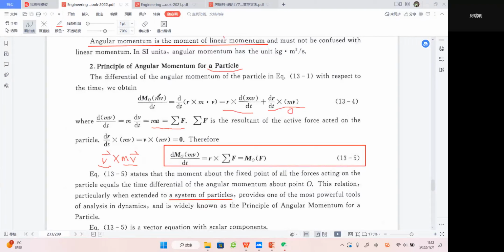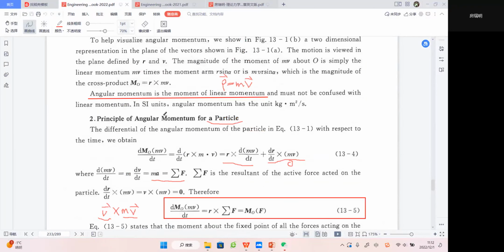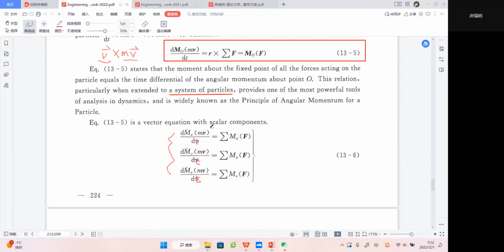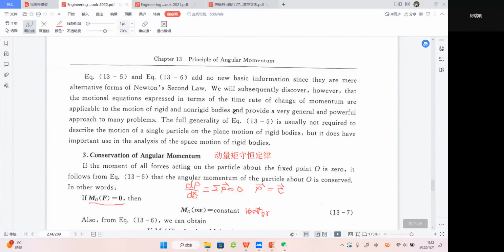So it's more like Newton's second law. We have another method to find the relationship between mv and the moment f, right? So that is the very important aspect of this principle of angular momentum for a particle. So we have this vector equation, we have the three components of the scalar equation, so we can use this.